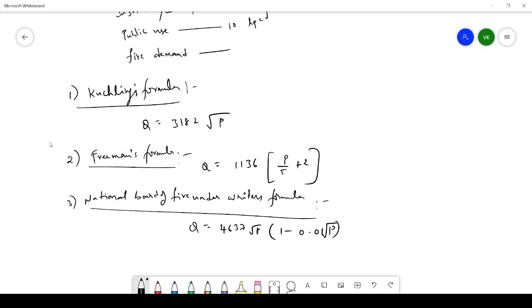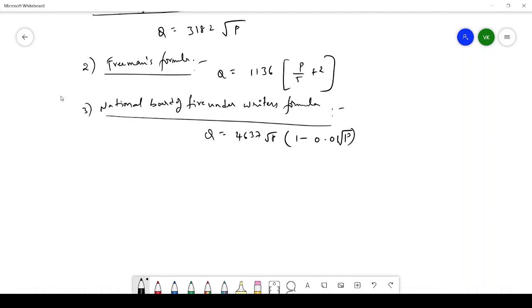And the last one is Buston's formula. Buston's formula is given by Q is equal to 5663 root P.